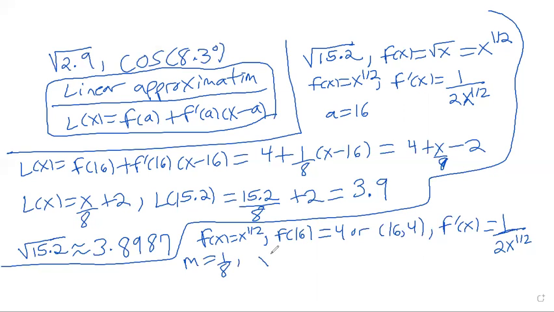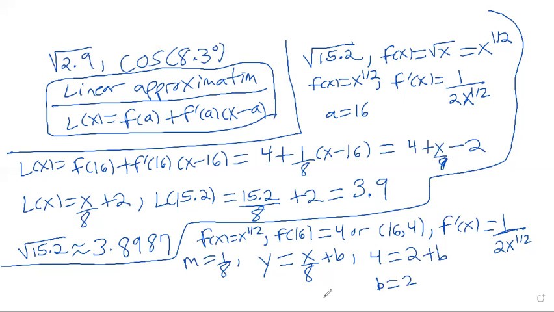And then for y, we can use slope-intercept form, or point-slope form, whichever way you want. So the slope is 1/8, so y equals 1/8 x, or x over 8, plus b. Then just using some algebra, if you plug in the values here, y equals 4, and x is 16, 16 divided by 8 is 2, plus b.